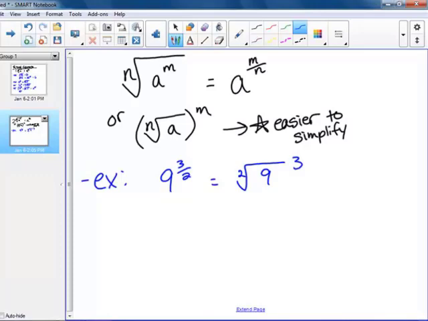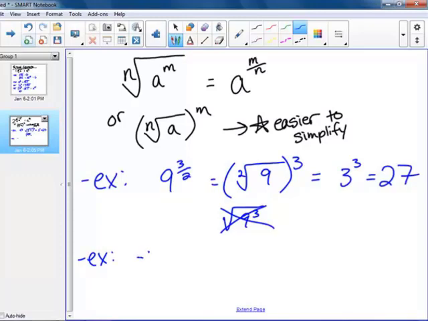So notice how in this case it's going to be easier to take the square root of 9 first, which is 3, and then do the 3rd power, 27. Okay, that would have been easier than the other way I would have done this using the first definition. I'd have to do 9 to the 3rd power and then do the square root of that. It's going to lead to much bigger numbers.